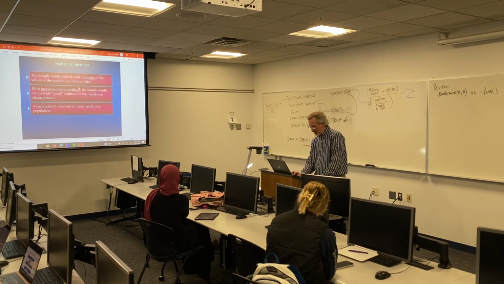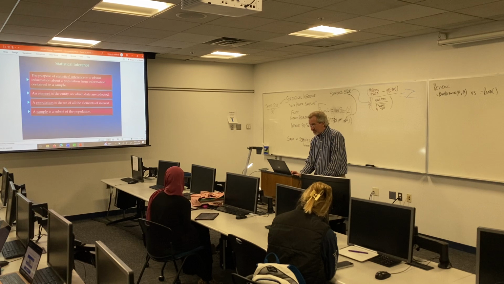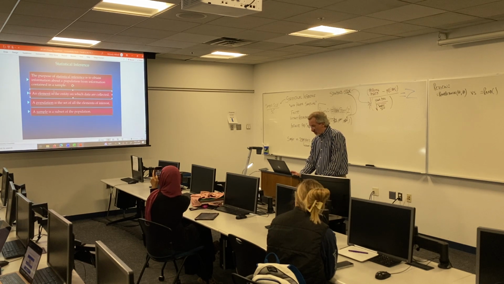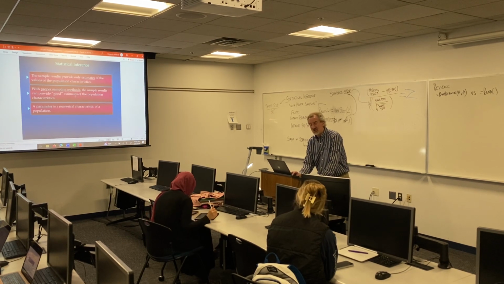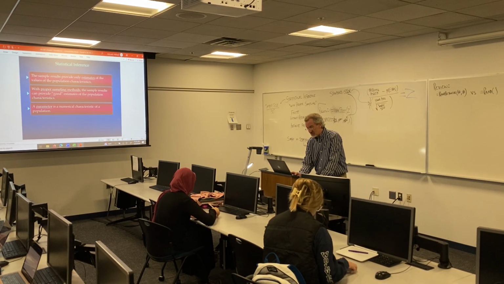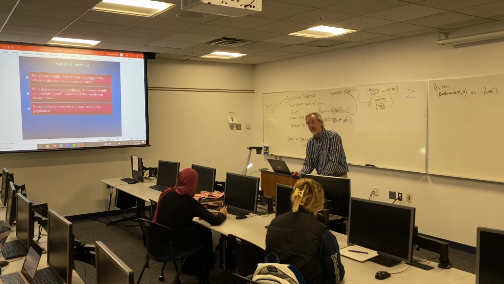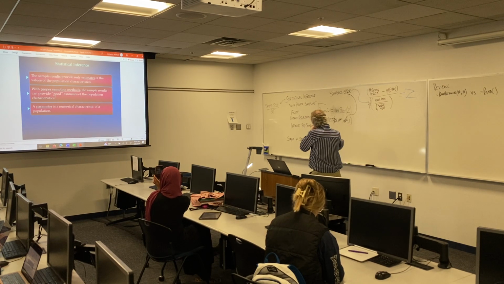What I want to point out on this next slide is, proper sampling methods are the key to be able to do inference. With proper sampling methods, the sample results can provide good estimates of the population characteristics. But that's the key right there, and that's why I have it in parentheses here.